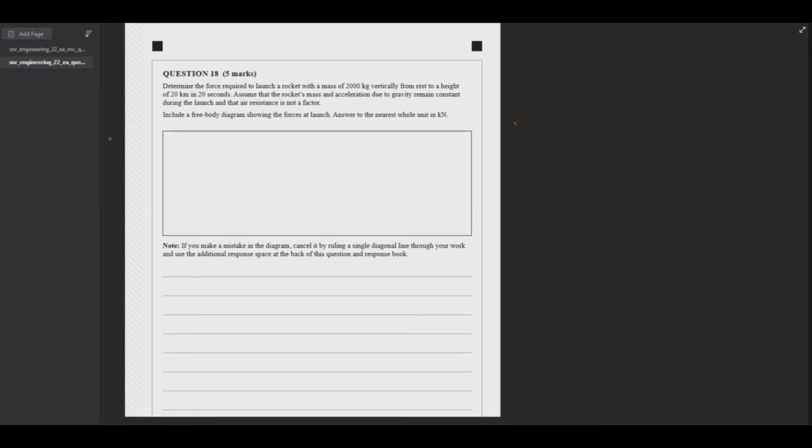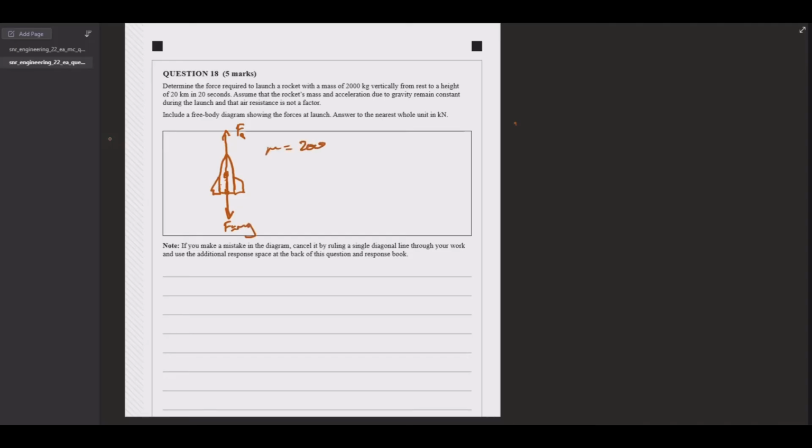Alright, question 18. Okay, we need a free body diagram, so let's draw a rocket. So, force of the acceleration, you're going to have force of mg.